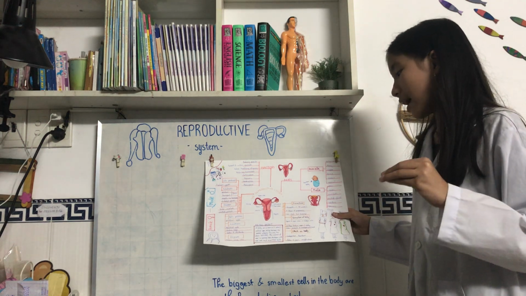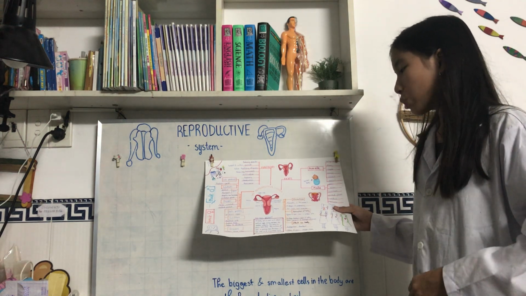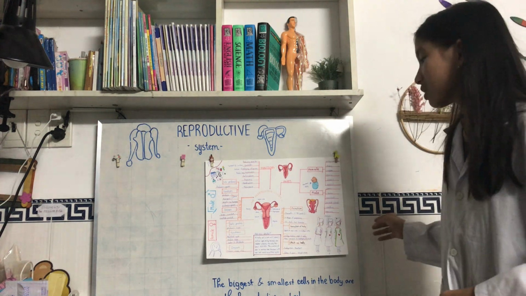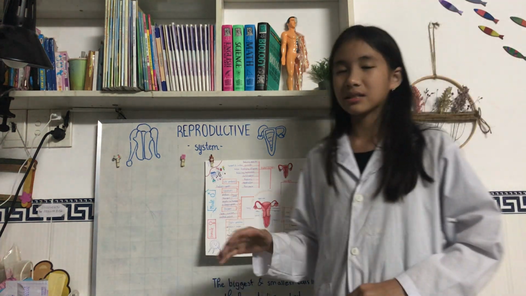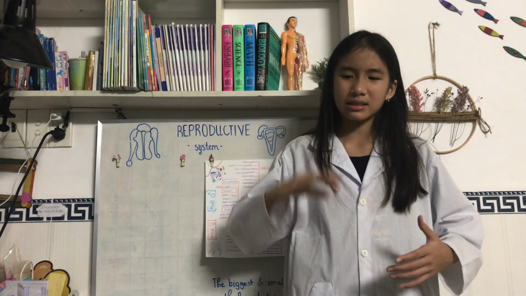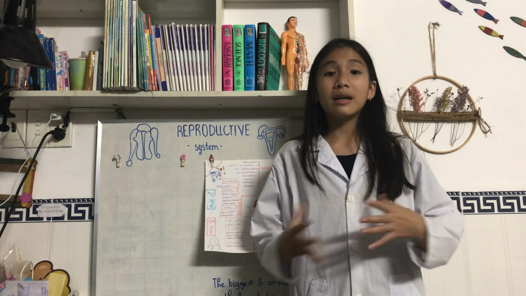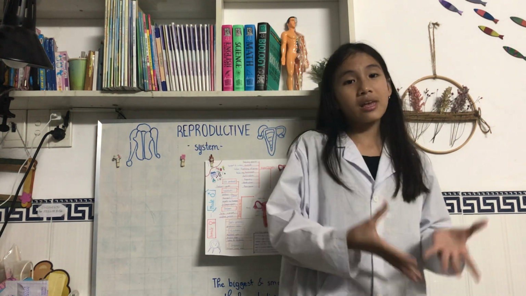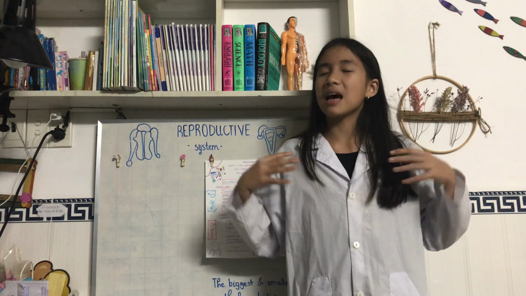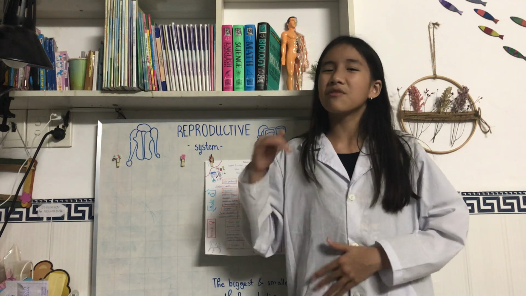The number of eggs a woman has decreases with age and each menstrual cycle, so it decreases drastically. By the time a woman is 30 or 40, the chance of an egg being fertilized is very low compared to when she is younger.